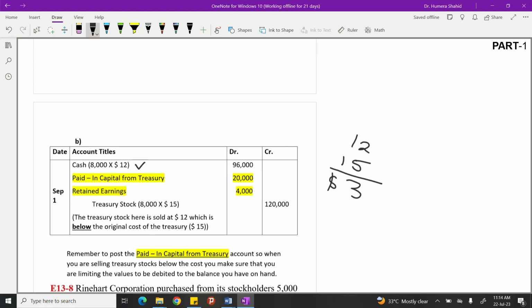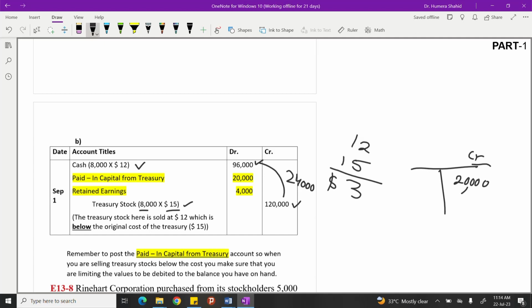Let's record this journal entry. 8,000 shares are sold or issued at a $12 price, so 96,000 gets debit. Treasury stock gets credit, 8,000 shares, the cost is 120,000. How much shortage do we have? We have a shortage of 24,000 on the debit side. But if you remember in the T account, because of journal entry number 2, we have only a 20,000 credit balance.